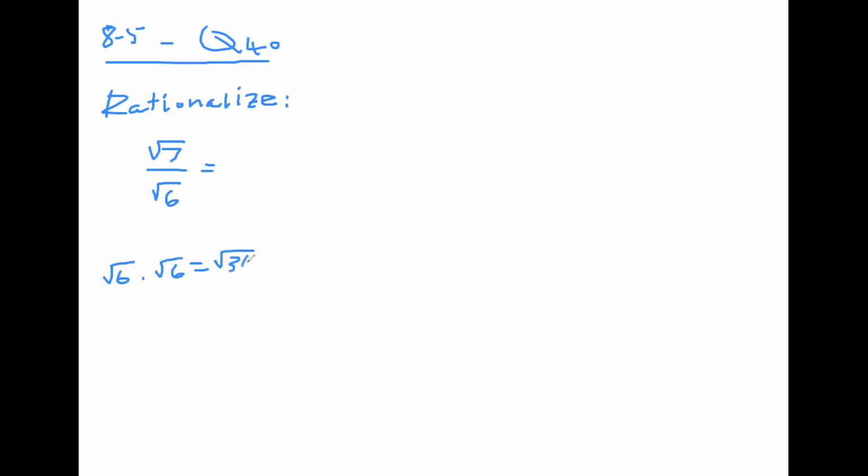What's the square root of 36? It's just 6. It has a perfect root. So to get rid of any square root, just times it by itself and it goes away. That's what we're going to do here.